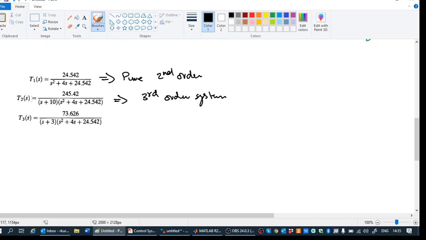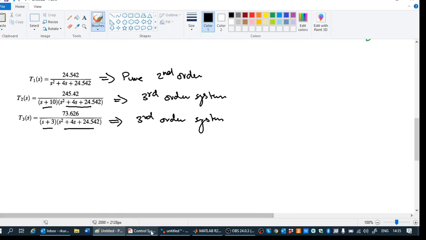How do we come to that conclusion? If you look at this, it's got two poles here, that is s square plus 4s plus 24.5 for 2, and it's got a third pole which is at minus 10, right? Now if you look at T3, again it's a third order system that we have, and we see here that you have two poles, that is s square plus 4s plus 24.5 for 2, plus you have s plus 3 is equal to 0, which means that you have a third pole at minus 3, right?